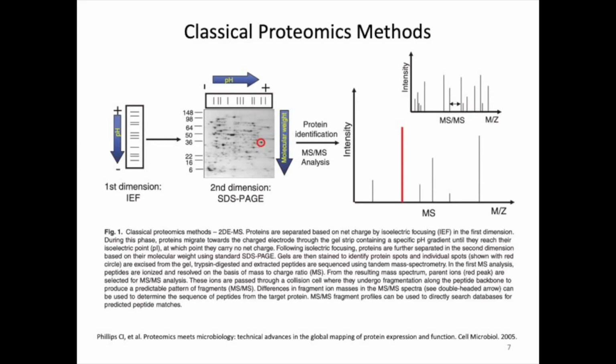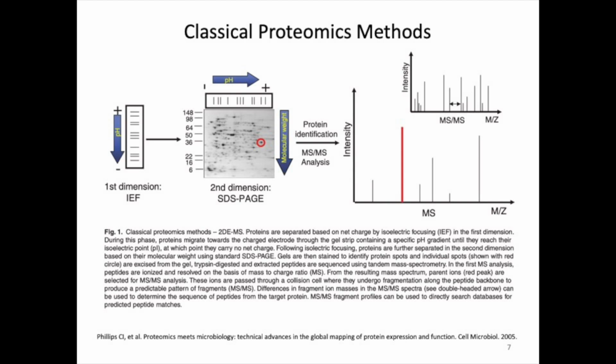In classical proteomics methods, proteins are separated on a two-dimensional gel by their physicochemical properties. Proteins are first separated based on their charge using IEF, then further separated based on their size, as in SDS-PAGE.